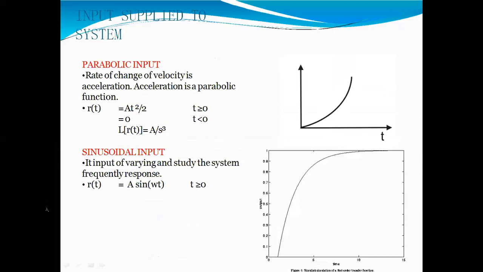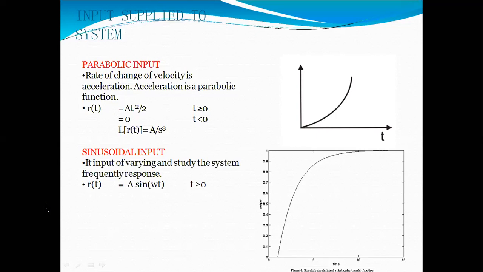So we have two more inputs to the control system here. One is parabola, just like an exponential increase with respect to time t. It is just like the rate of change of velocity, which is acceleration, and you represent this acceleration with a parabolic function.